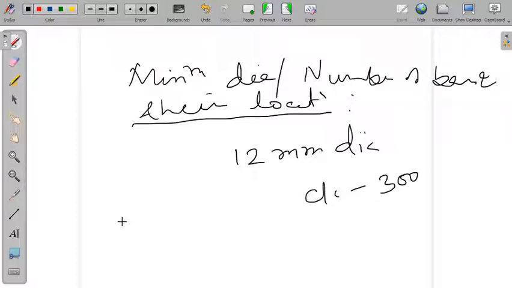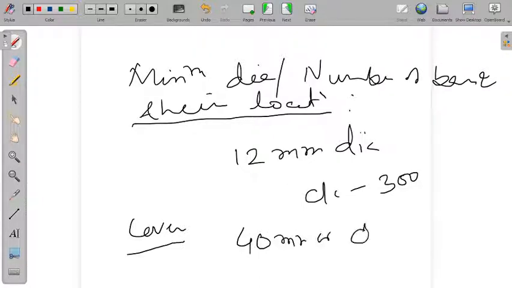Next part is the clear cover of the reinforcement. It is recommended that a minimum clear cover of 40 mm or bar diameter, whichever is greater, is to be provided.